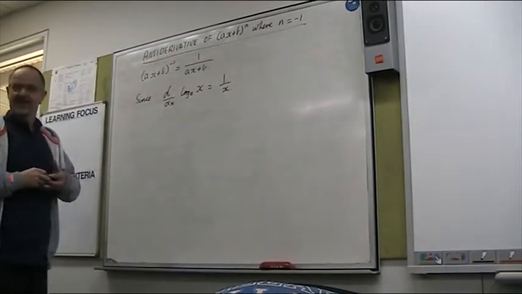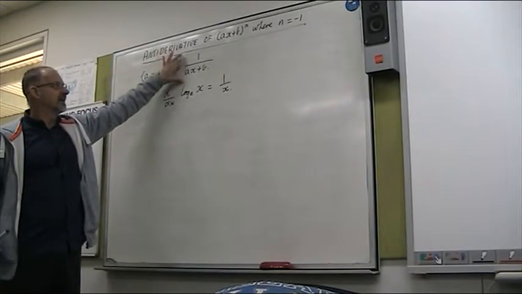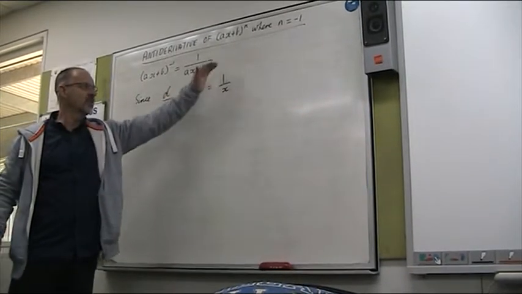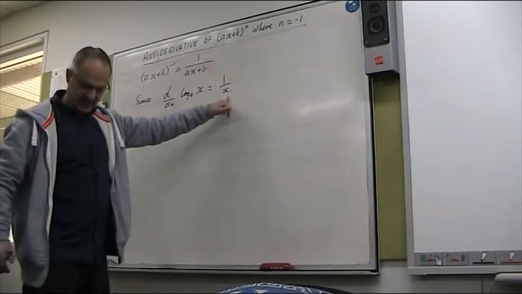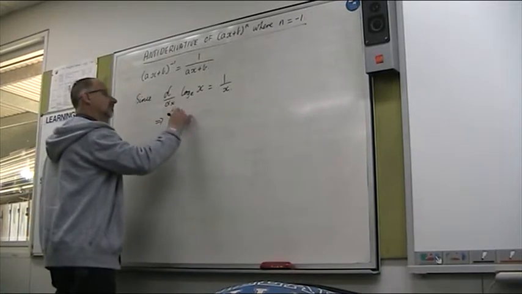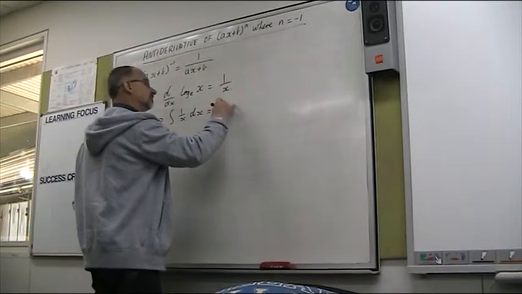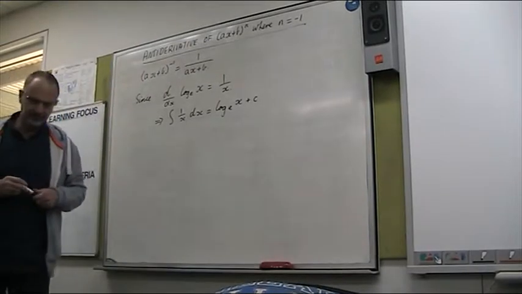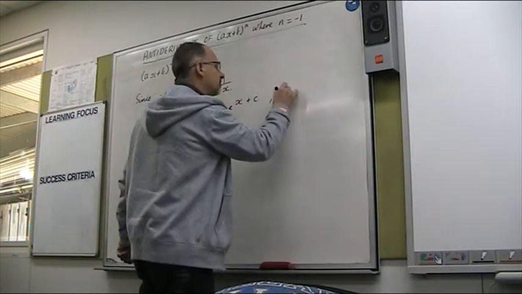We're still doing the same thing. But this here is looking like this, isn't it? So if we differentiate log and get 1 over something, if we anti-differentiate 1 on x, we get the log of something. All right, we would get that, plus c, and x has got to be greater than 0.